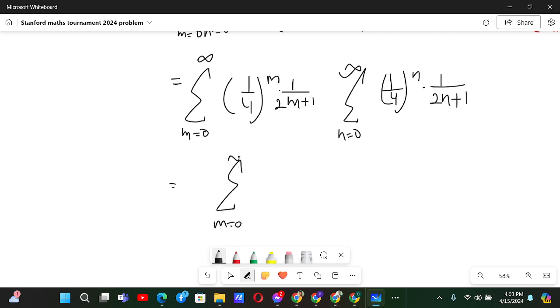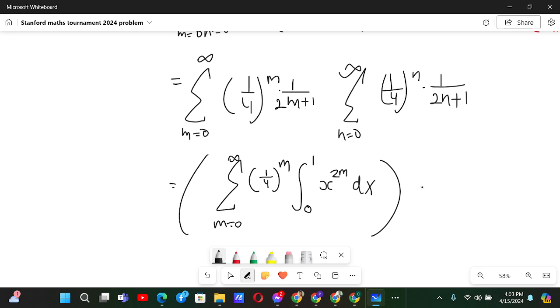Now also, how to evaluate the sum? The trick here is that we can change it to an integral. Over here we can notice that this is just the integral from 0 to 1 of x to the power 2m dx. This is a common technique, because this gives us x to the power 2m plus 1 by 2m plus 1, and when evaluated at 0 and 1 we get this expression, and we will square this because we have two such sums.